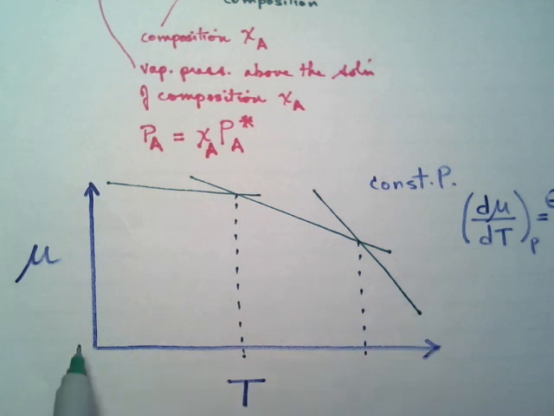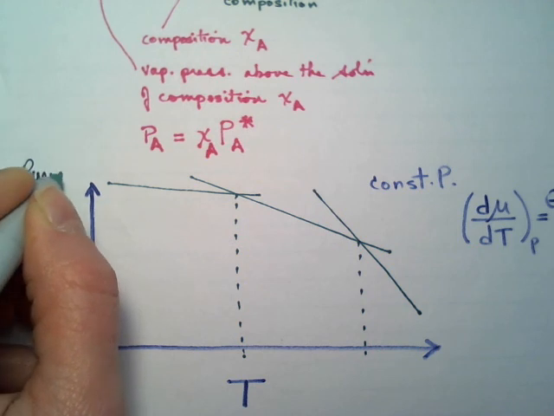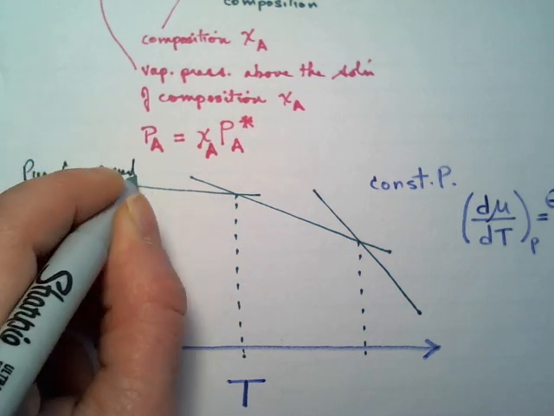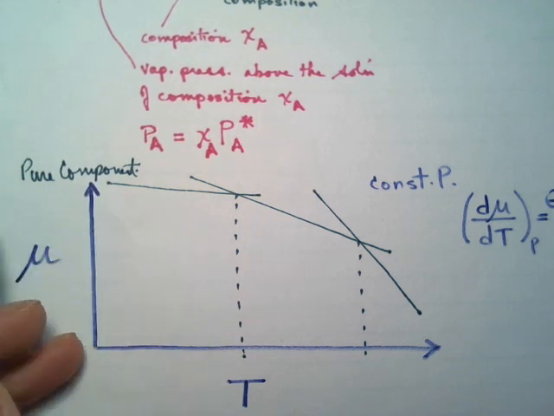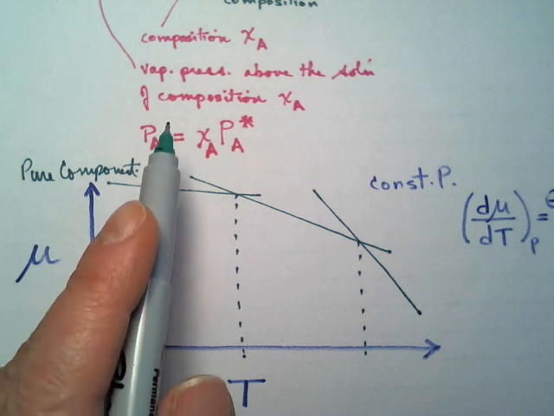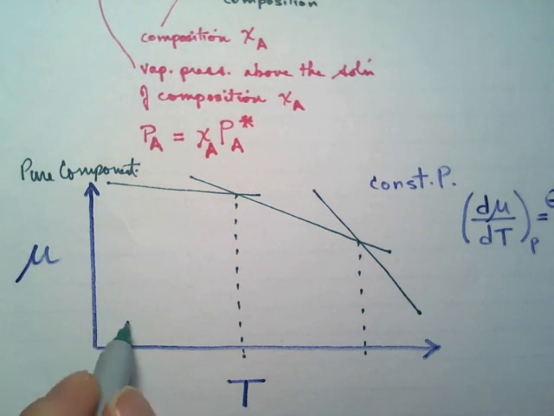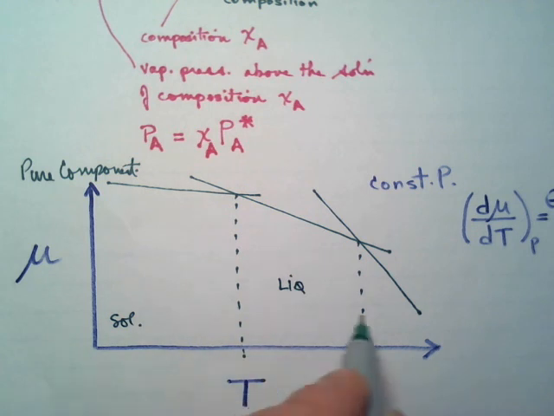And basically what I've done, because that's temperature, and this is for a pure component, okay, consider this pure component A, so it relates to the above. So it would be like A without any solute in it. And I'm not too concerned about the solid phase. I'm quite concerned with the liquid phase at the moment.